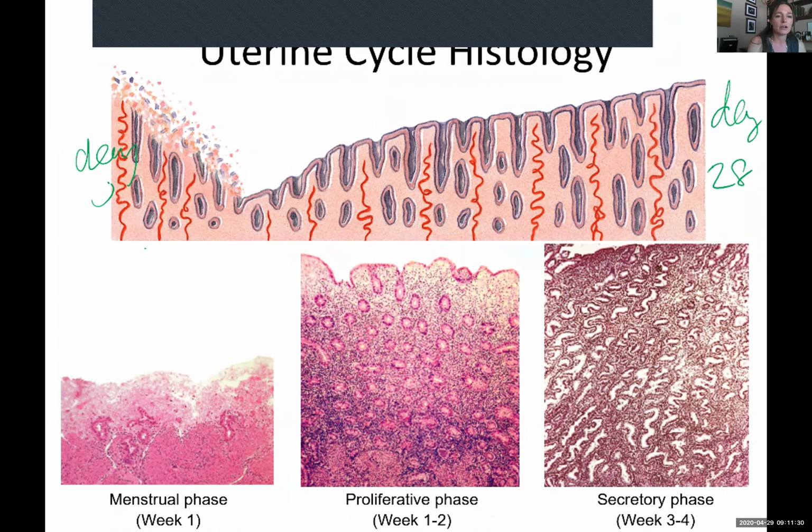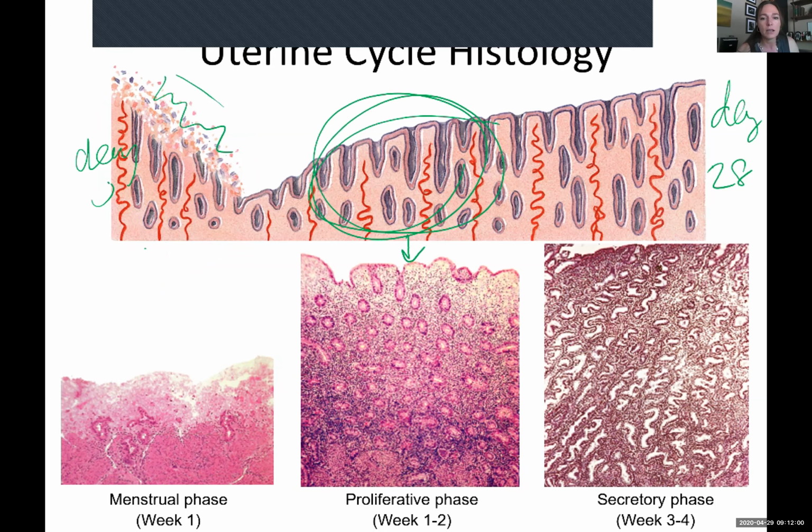This here is an excerpt from that portion where it's saying this is the menstrual phase. We've removed the endometrium, that's this part here, gotten rid of it, and we're right down to your myometrium. So the endometrial layer is pretty thin and just really gone away. It's been destroyed. Then we go into this rebuilding phase, and that's going on in this part.